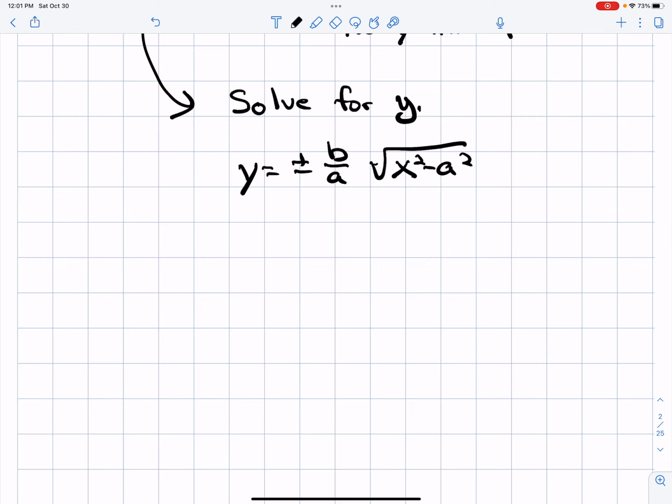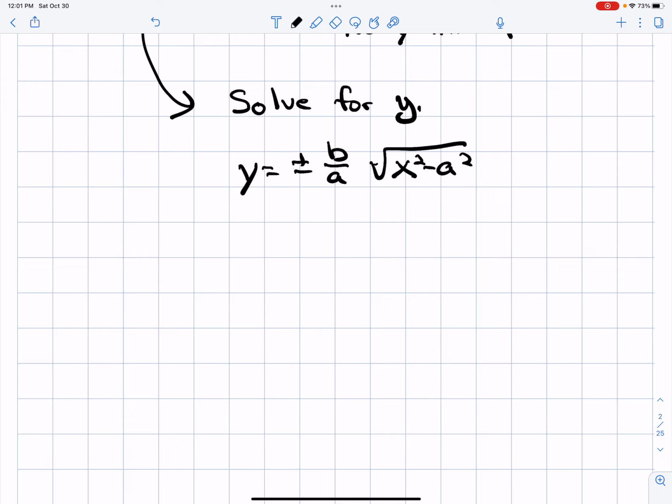When x squared is really big compared to a squared, then the difference x squared minus a squared is going to be closer to x squared. Like if you think about subtracting numbers, if the numbers are close together, then the result's not going to be that close to the numbers. If you're subtracting 100 minus 99, the result's 1. That's not very close to 100 or 99.